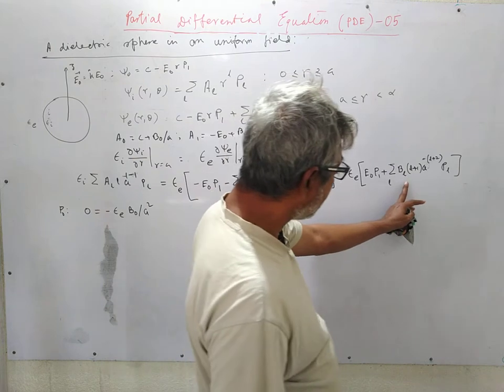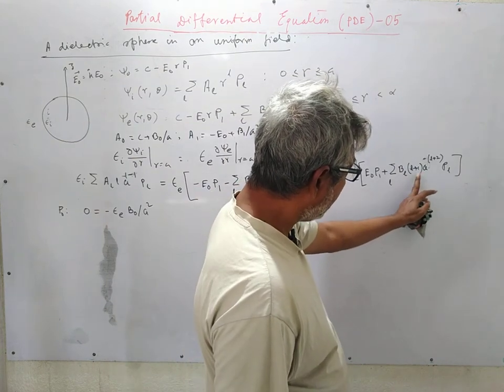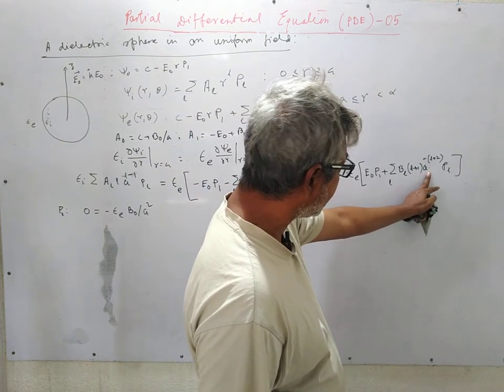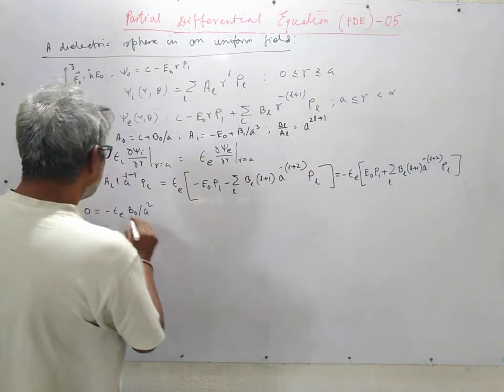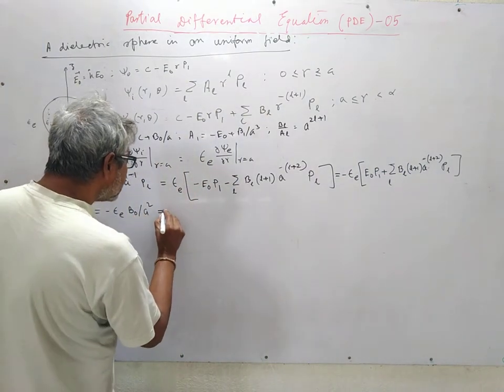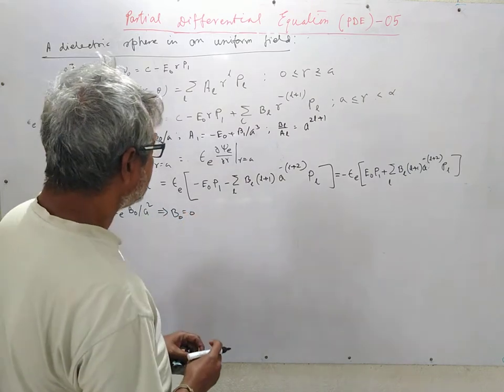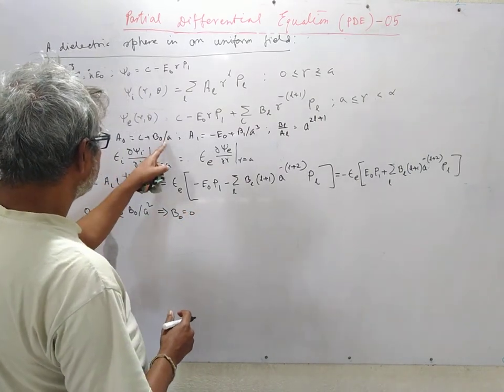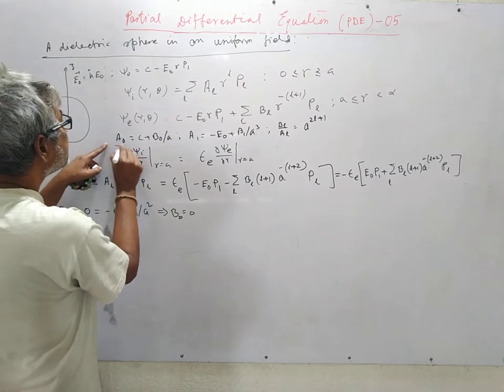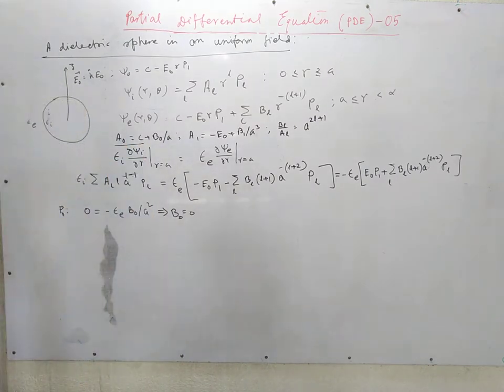Here L is equal to 0, so L plus 1 is 1 and this is A square. So this gives you B0 is equal to 0. As B0 is equal to 0, A0 is C.